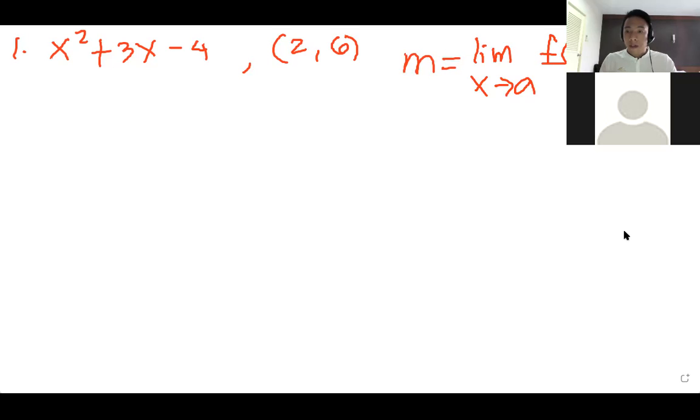After knowing the formula, now we need to find each part of it in our given function and point.